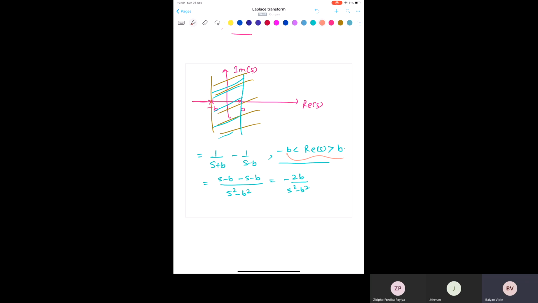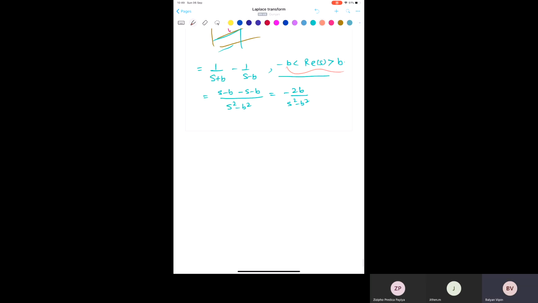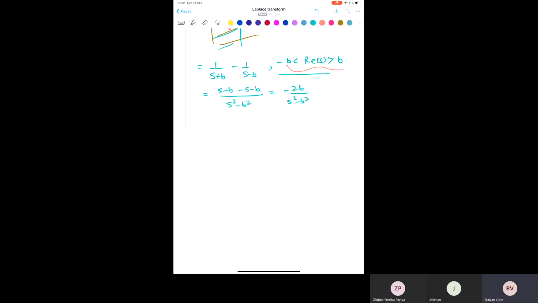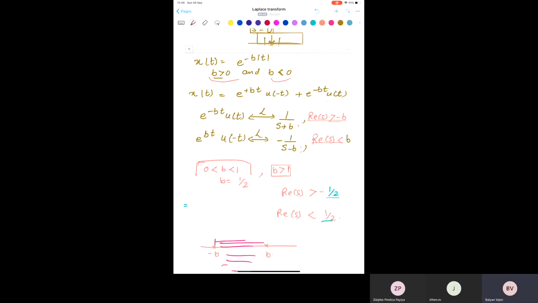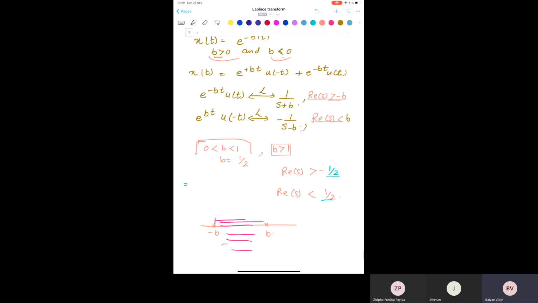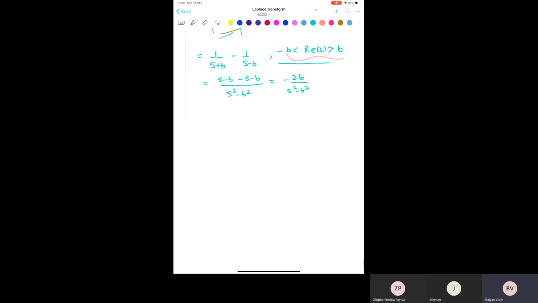Okay. Now if you have another region of convergence, in this case b is less than 0. So when b is less than 0, it means b is negative.